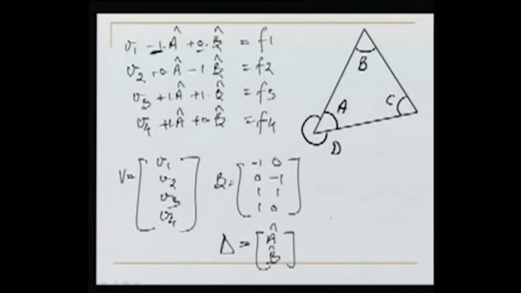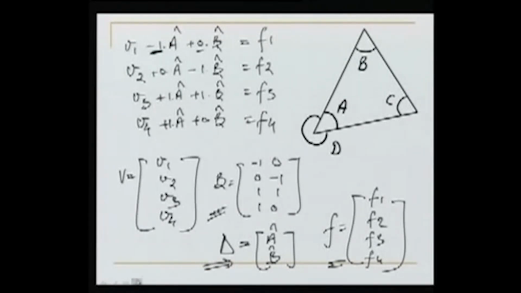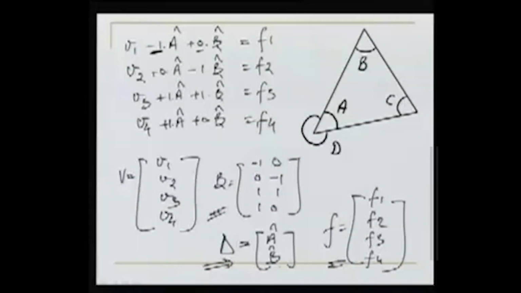Finally F is F1, F2, F3 and F4. So once we have determined B and F, we can solve for delta. That solution we know how to do. The important thing here is to form these basic matrices, or to write that basic model. Once we know that, we can determine A hat and B hat.